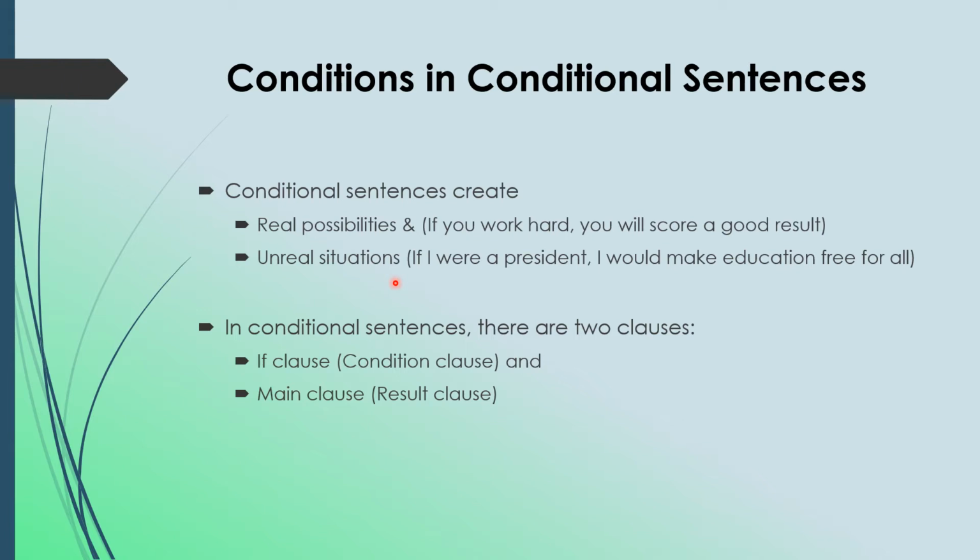So there is a correlation between the if clause and the main clause. There is a very strong relation between these clauses. So you need to understand that these clauses are very close. In order to make this happen, you have to do this. So there are conditions and results.